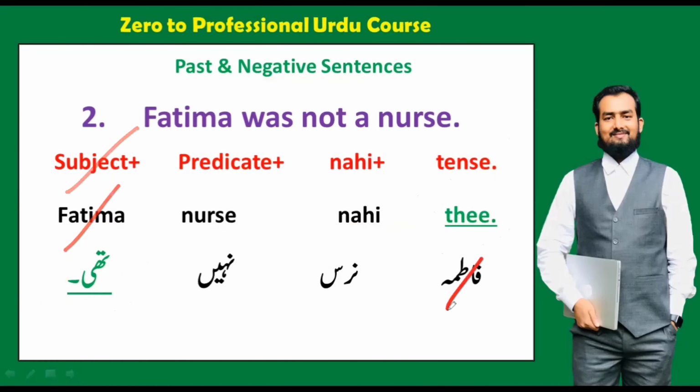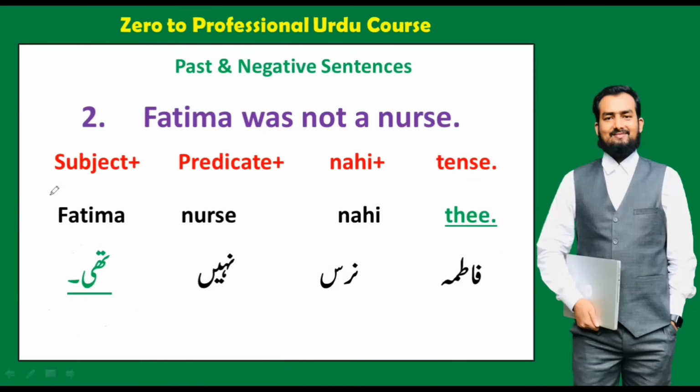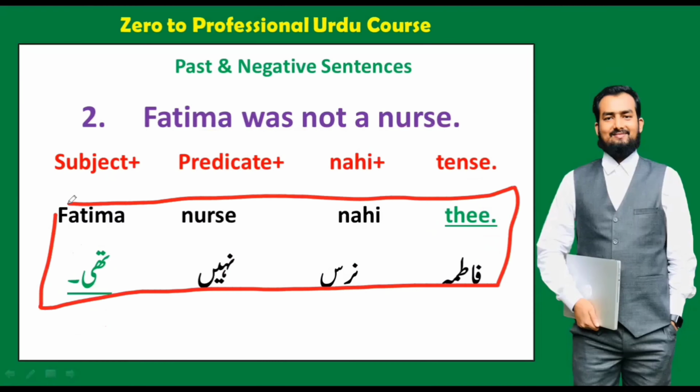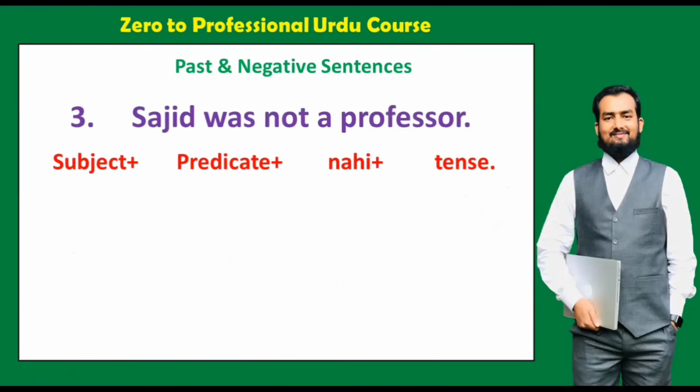First subject, then predicate being nurse, and not, and then we have followed the sign of tense. So Fatima was not a nurse. How will you say? You will say Fatima nurse nahi thi. Or in an informal way you will say Fatima nurse nahi thi. Okay, next sentence is Sajid was not a professor.